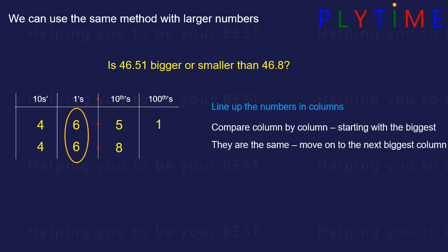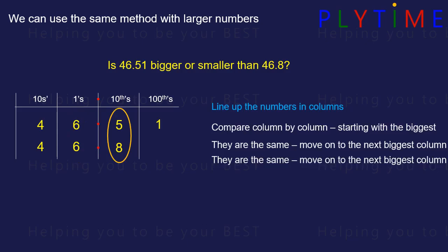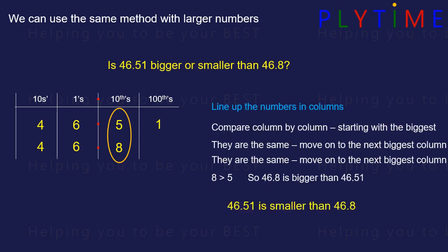They're both the same, so next we can move on to the next biggest column, the tenths column. 8 is greater than 5, so 46.8 is greater than 46.51. 46.51 is smaller than 46.8. Remember to look at what the question's asking.